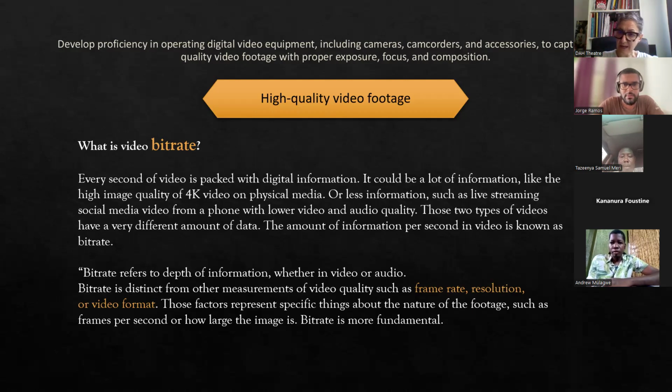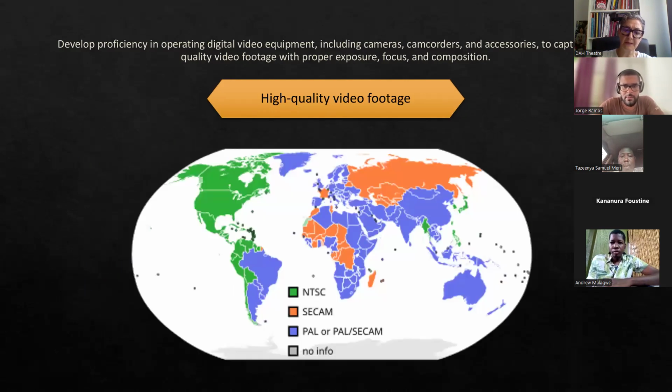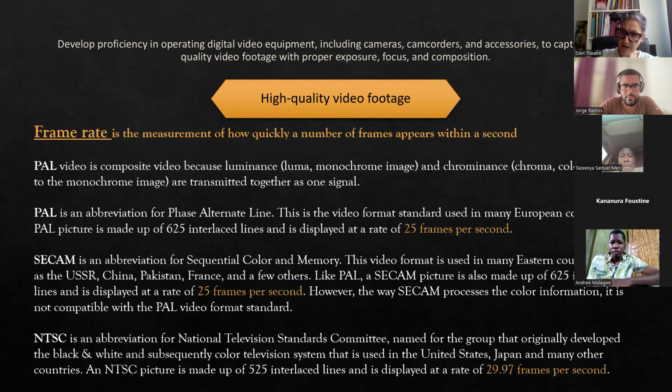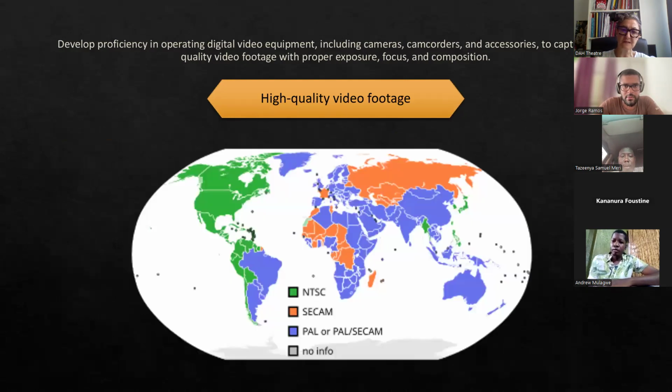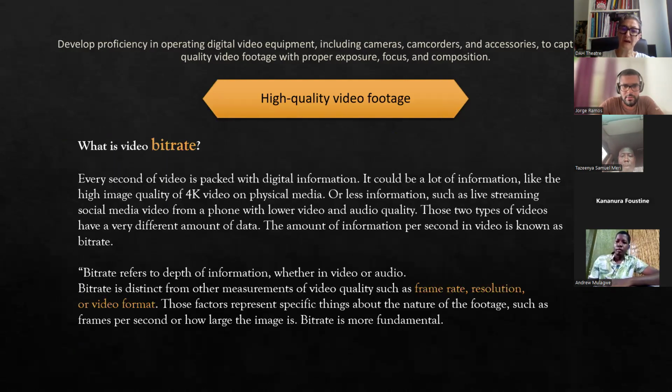At the beginning, I said that I will be back to frame rate and bitrate, 25 frames per second in our case. And now we have a bitrate, which refers to depth of information, whether it is video or audio.